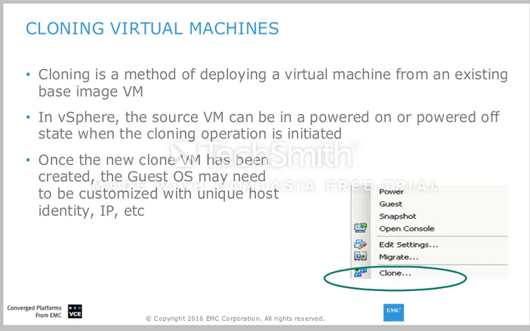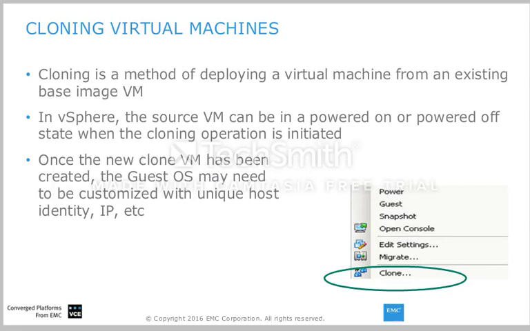At the platform level, cloning involves copying the configuration and storage files that support the source VM to produce a new VM that has the same configuration and data as the source. Once a new clone VM has been generated, the guest OS can be customized to assign a new identity, IP configuration, etc. to the clone guest.